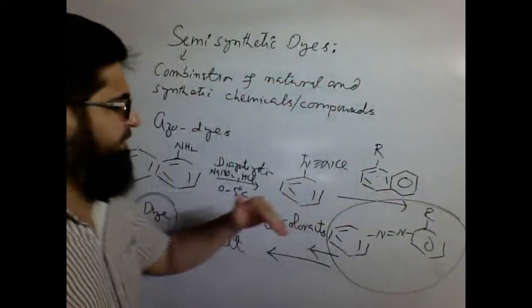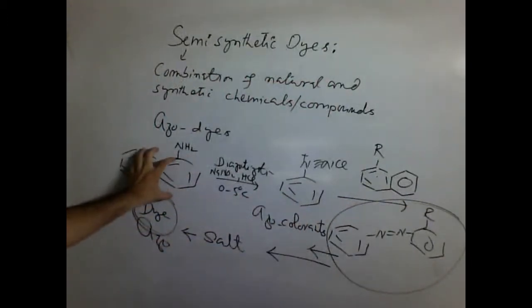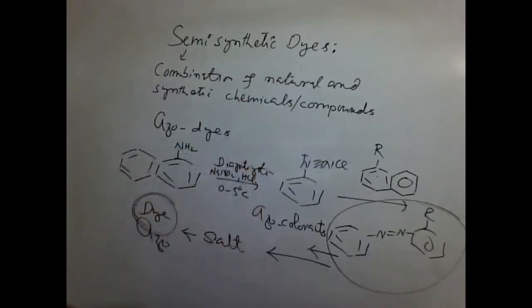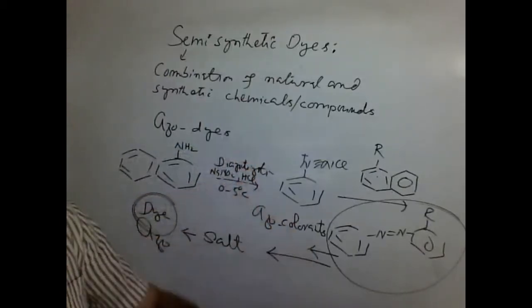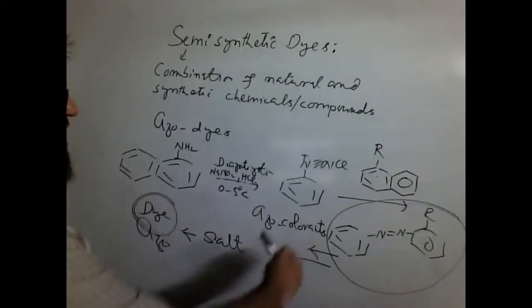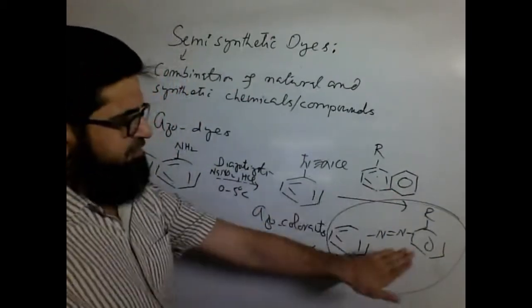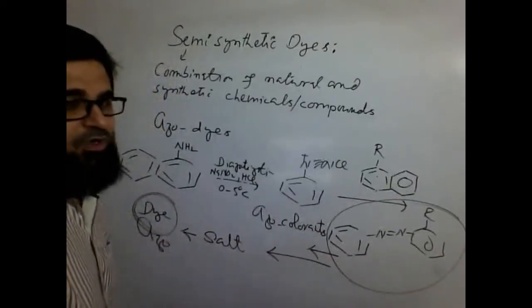So what is happening here, we take a synthetic compound, we do diazotization using certain synthetic compounds. Then we bring in another synthetic compound as a coupler. We receive this azo colorant.